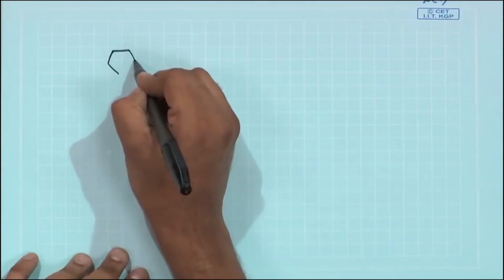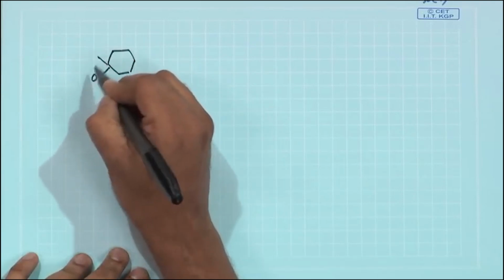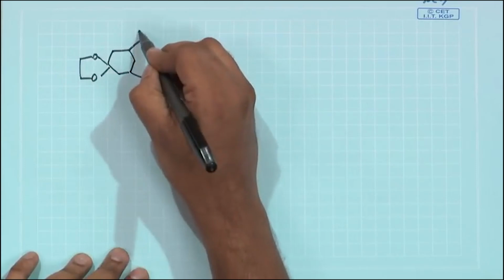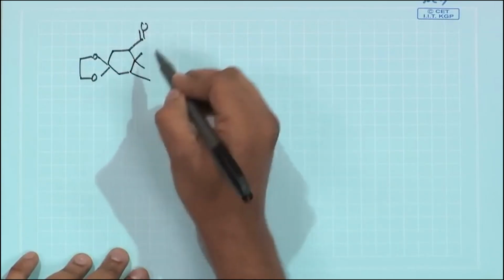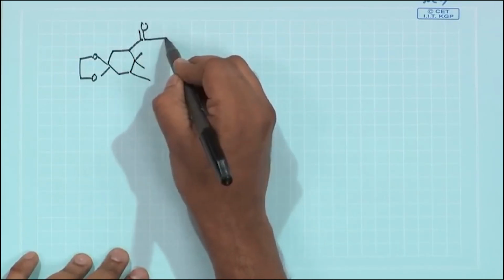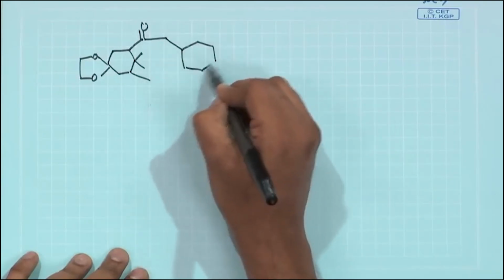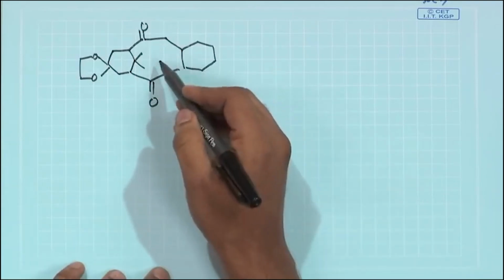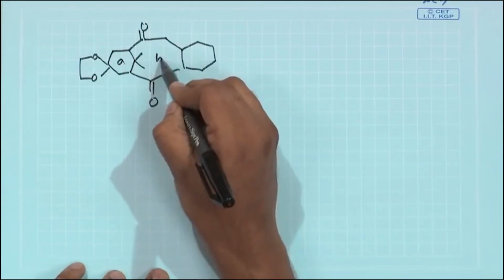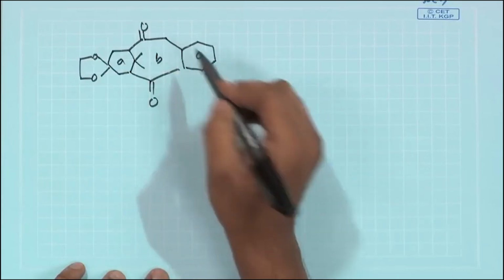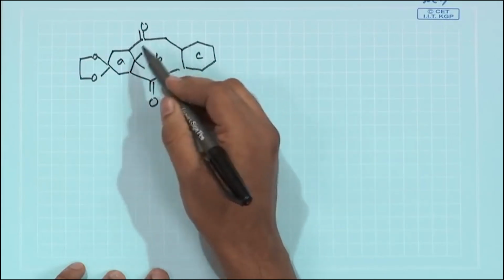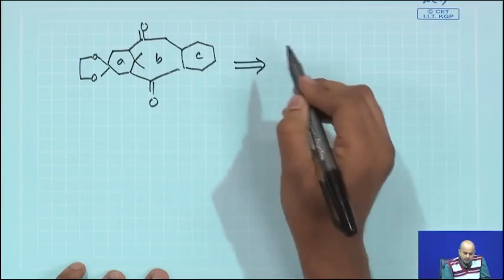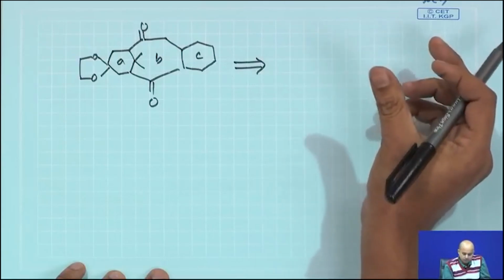You have a 6-member ring, then this part is your protection, and here you have this bridge. Now if you analyze, ring A is 6-member, B is 8-member, C is 6-member. So, I am saying that the central 8-member ring can probably be constructed through a 6-member and 4-member ring fusion, which we have just talked about.